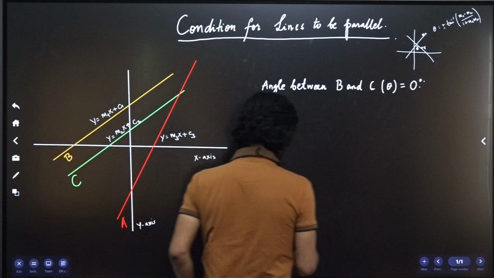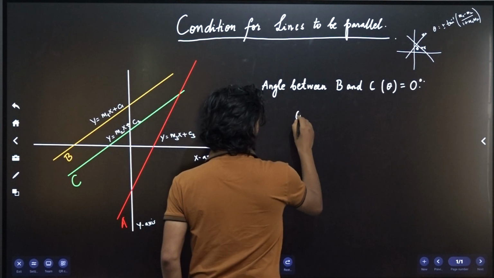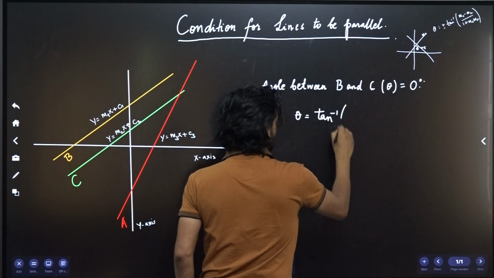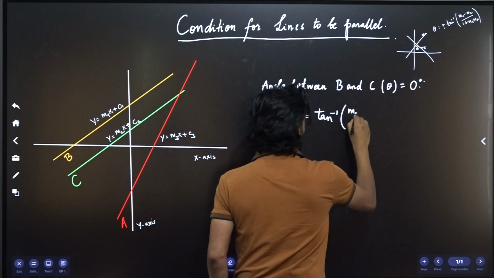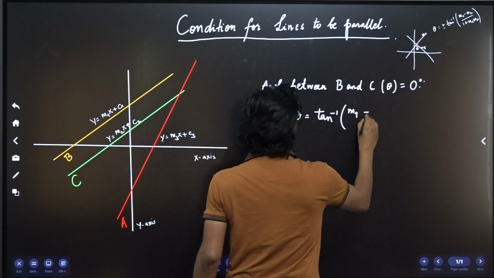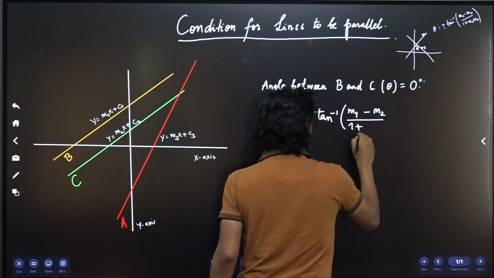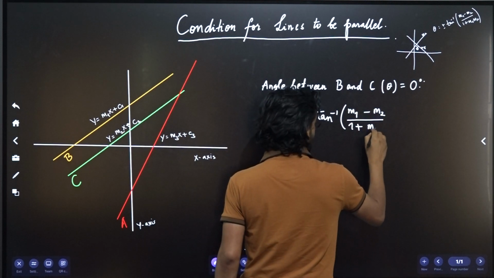So theta equals tan inverse of (m1 minus m2) divided by (1 plus m1 times m2).